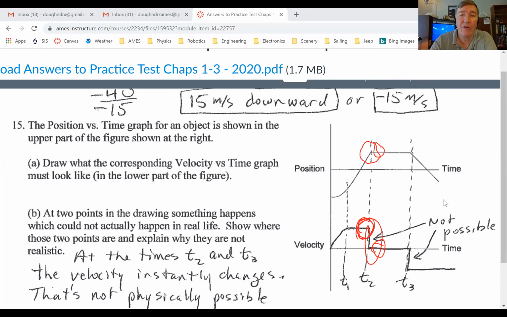So that means that this graph here has a serious problem in it. What we really should have done is this graph here should have been rounded off there and should have been rounded off there. So that would allow this, instead of being an instantaneous shift, to be more of a gradual shift.